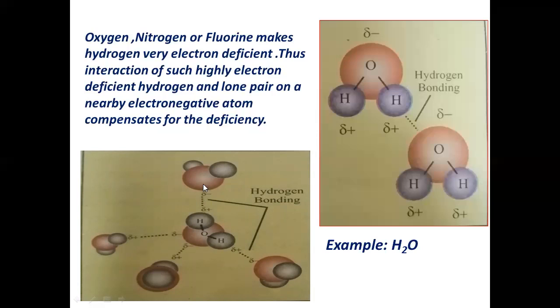These two hydrogen bonds are due to the hydrogen atoms, and these two are due to the lone pair electrons. The negative charge is the lone pair electrons present on the oxygen of water, and oxygen can give that lone pair to these two highly electron deficient hydrogen atoms. So in turn, one water molecule can form four hydrogen bonds.